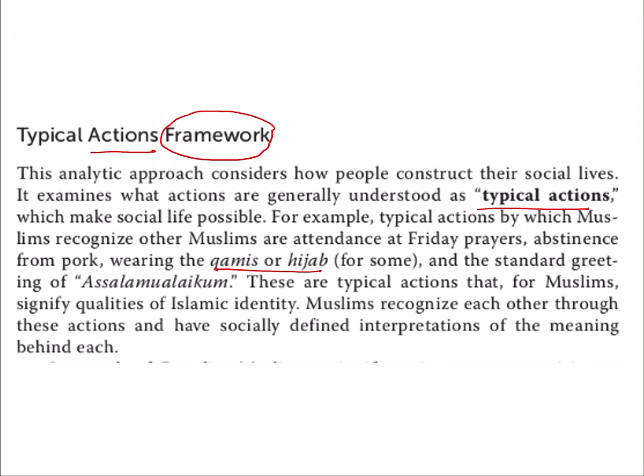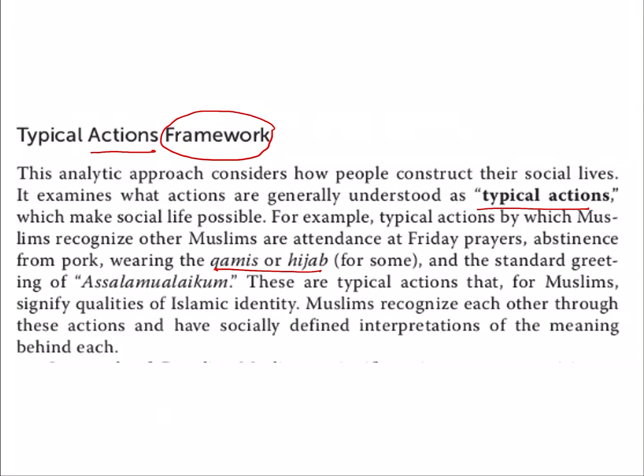Or, for example, for a Muslim woman to wear a hijab while going out, that's the normal. That's where they operate from. And when I say every individual has a framework, each individual operates with their understanding of how the framework is situated around them. So that's called an actions framework.